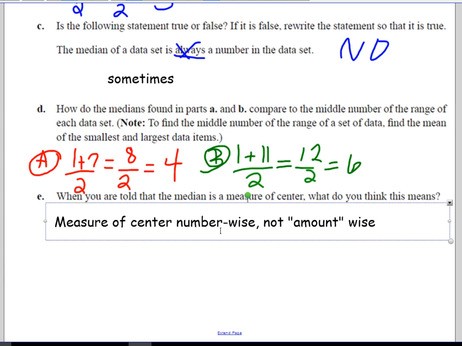So again, it's just kind of a way of looking at the data and getting a general idea of what's happening within your data set. So the median is in the center as far as the numbers go, not necessarily amounts from the spread largest to smallest. But again, it gives you just part of a picture of looking at the data and a way of talking about it.